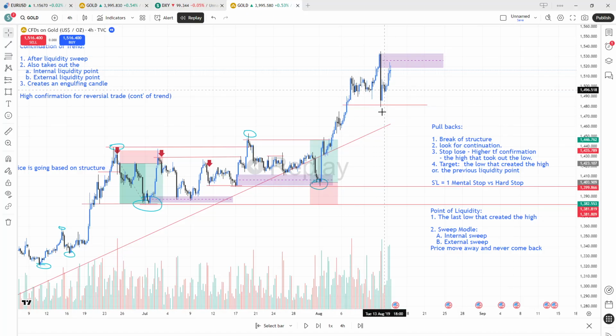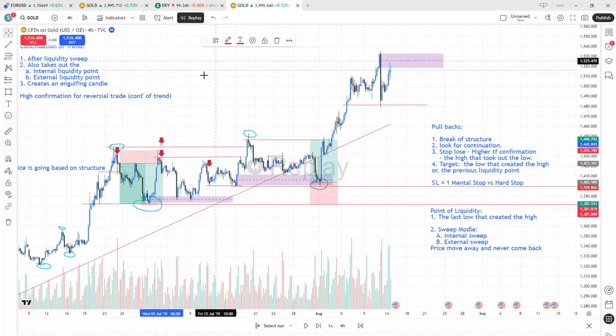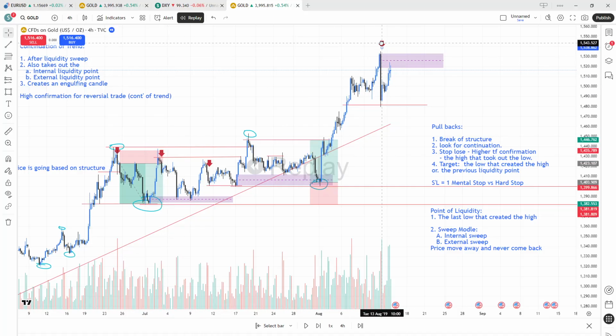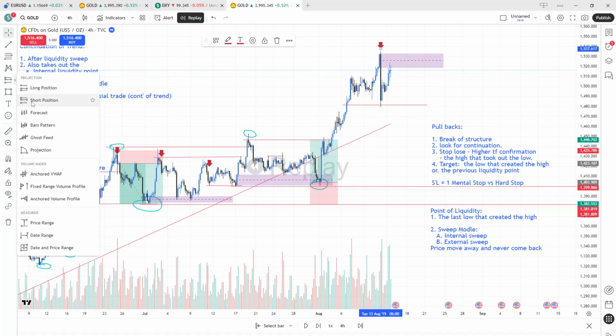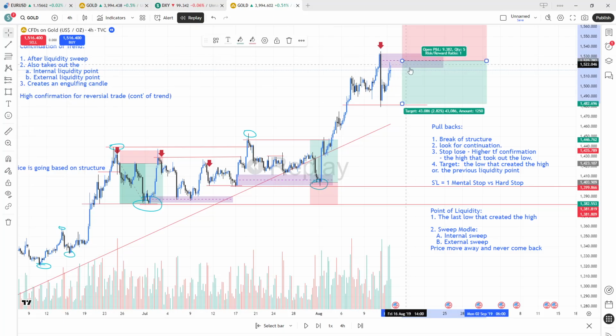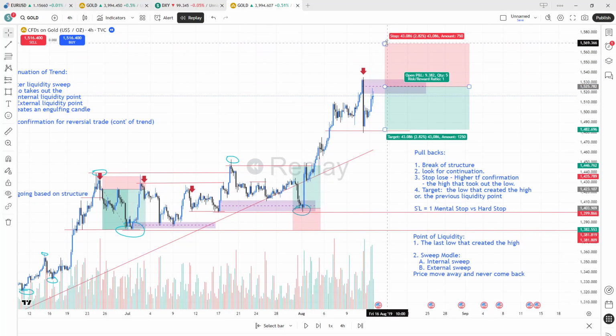Because what do we anticipate? This move is showing us that a sell is coming.